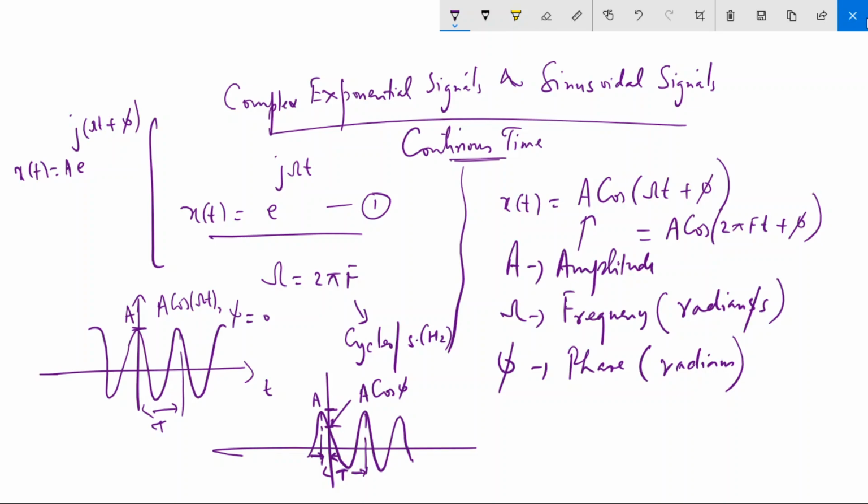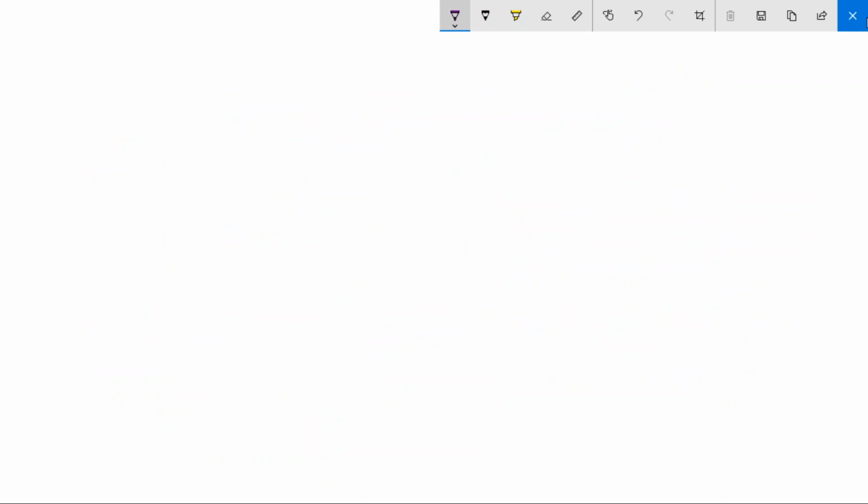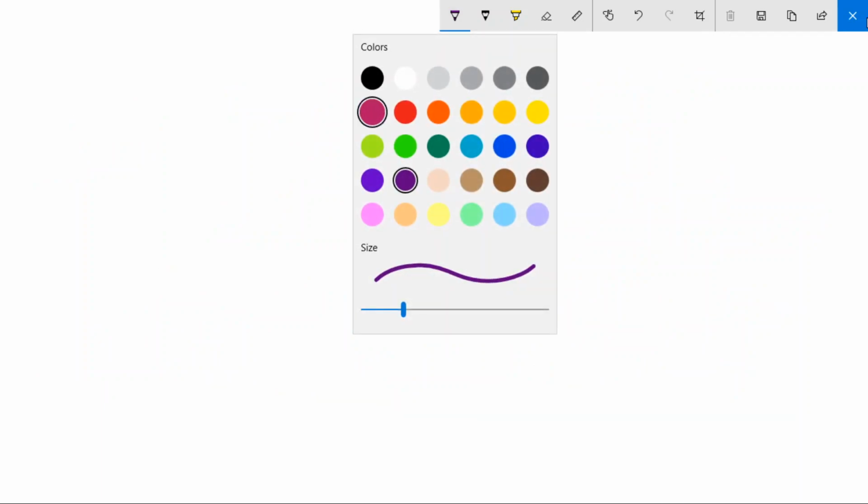Now there are some properties of these signals that we will explore, and when you study discrete time complex exponentials, you will see how they are different. I hope you understand this relation omega is equal to 2 pi f, but still I will revise it.